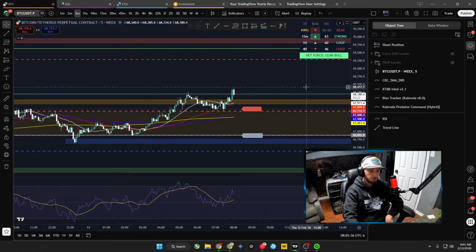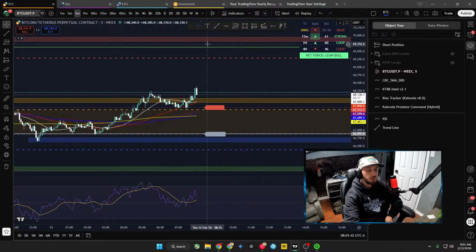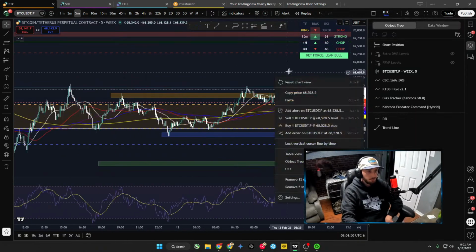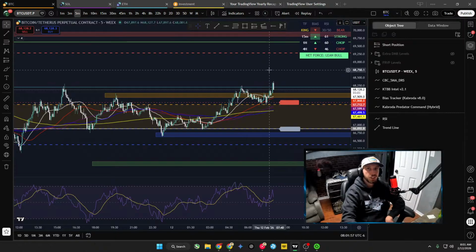Our system is based more on a directional lean, so we're waiting for price to flip and hopefully start going up. It looks like we're building a bit of a bottom where we're at right now, but only time will tell, so we'll keep watching.